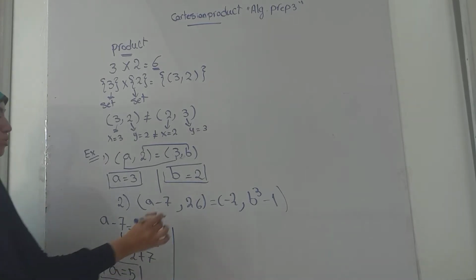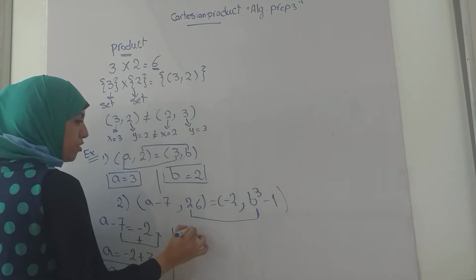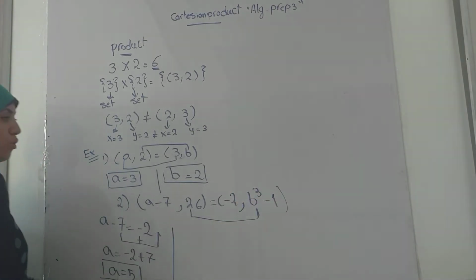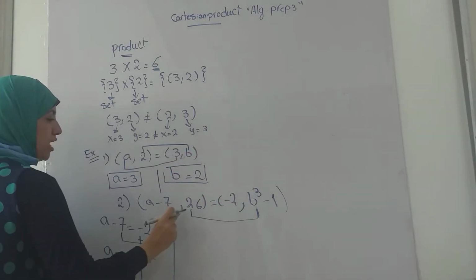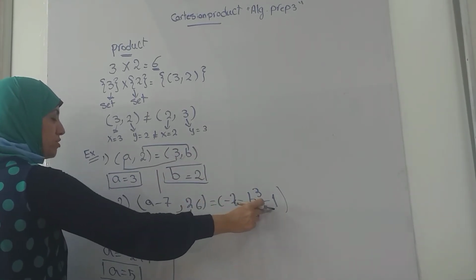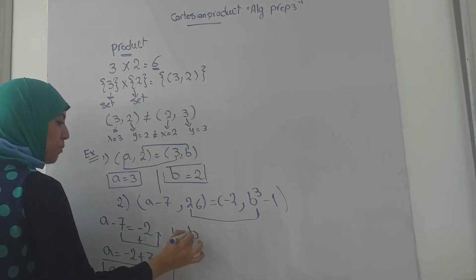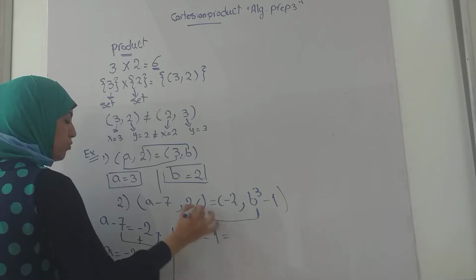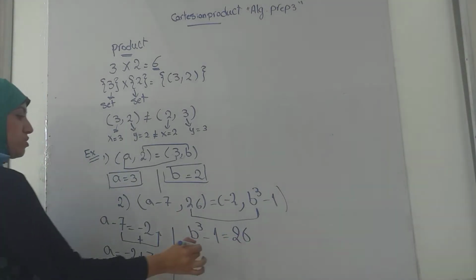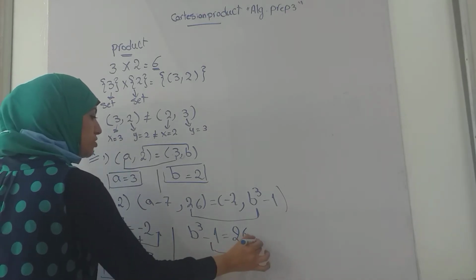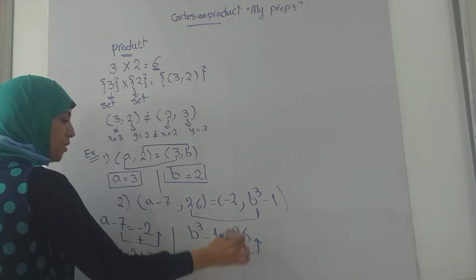On the other side, what is the second projection? The second projection is B power 3 minus 1. We should start with the unknown. What is the unknown, 26 or B power 3 minus 1? B power 3 minus 1. So we start with B power 3 minus 1 equals 26, and we can solve it as an equation. Negative 1 goes to the other side with the opposite sign, positive.